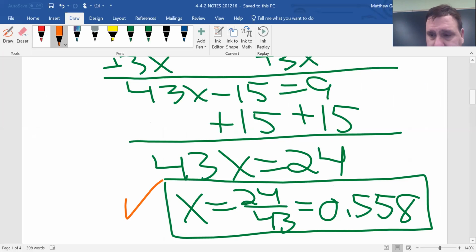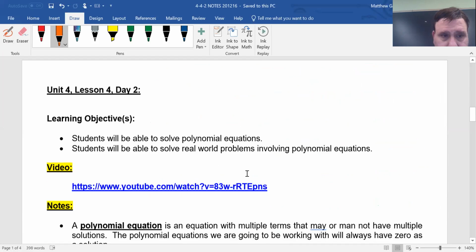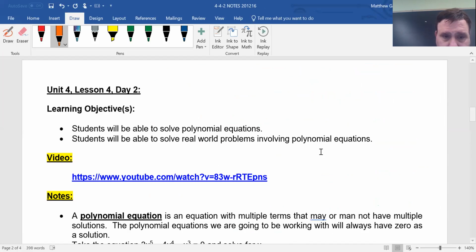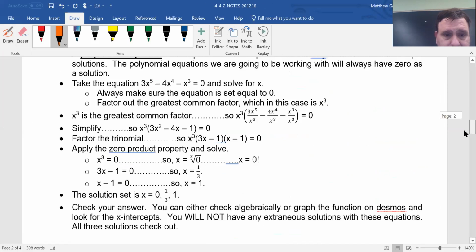Today is lesson 4, day 2. The notes that you see here are the same notes you saw yesterday.